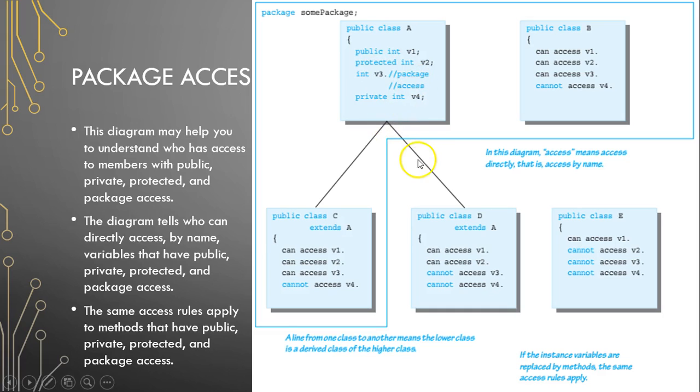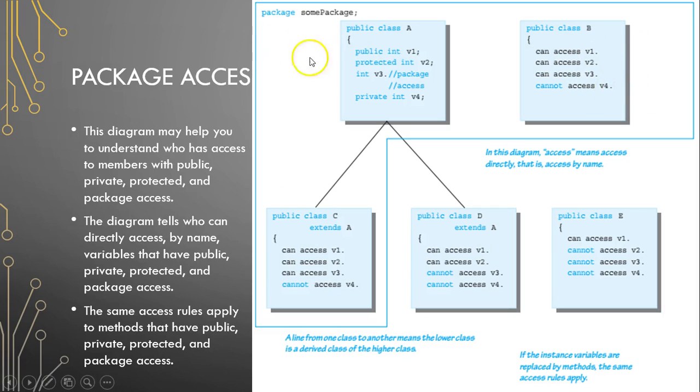If we look at these different classes, we can see how those different variables are accessible from each class. Notice that this package includes class A, class B, class C, but it does not include class D or E. If we look at class B, you can see that class B can access variable 1, variable 2, and variable 3, but it cannot access variable 4.